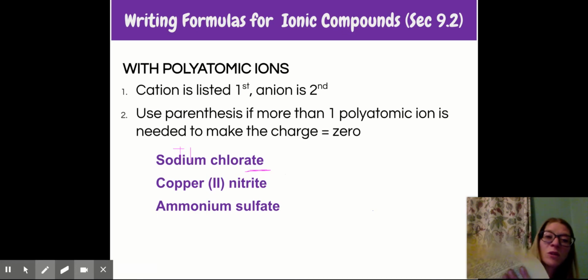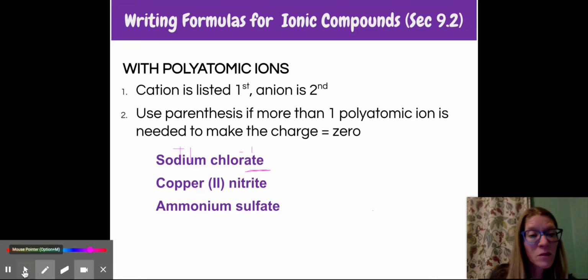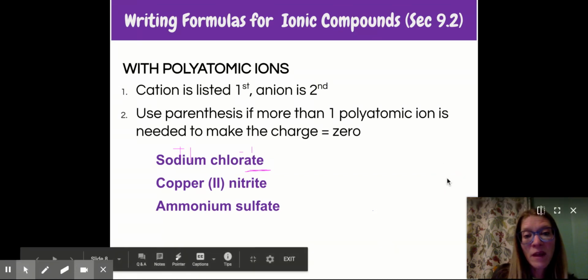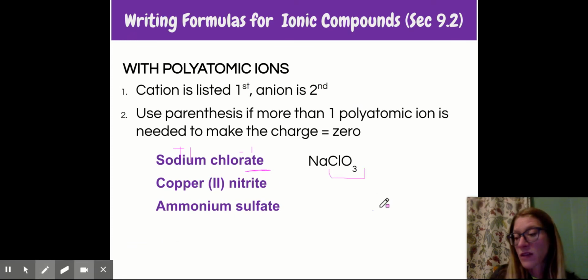So when you see the ending of ate or ite, they will be in this box up top. So chlorate is -1. So +1, -1, the charges are equal. So our formula would be Na for sodium, and then chlorate is ClO3, and that just comes straight from that polyatomic ion chart.